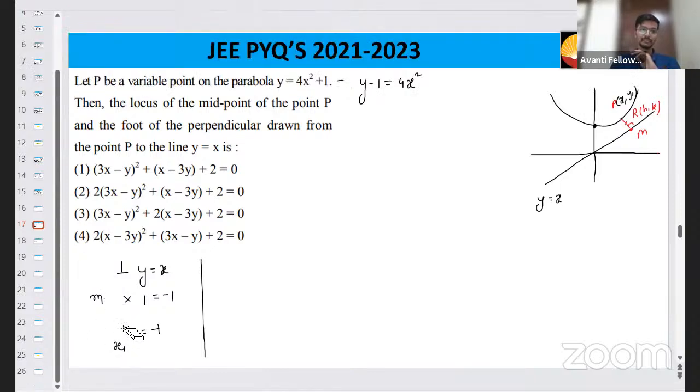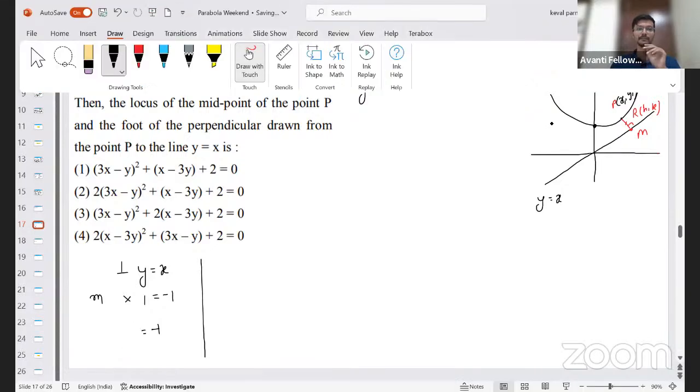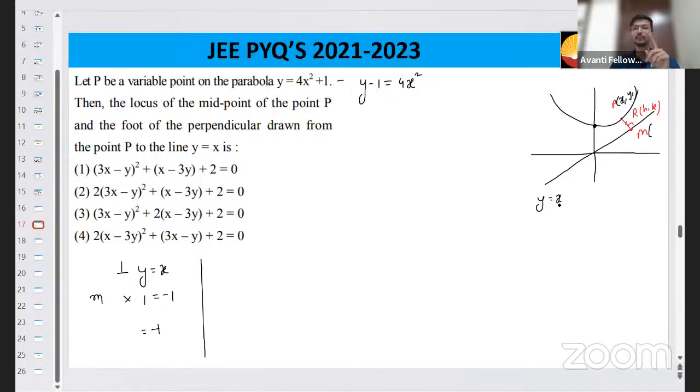Because then one of the conditions will be less. Point M lies on the line x equals y, so let the point be (c, c). Now it will be better, because instead of x1 and y1, where we had two unknowns, with (c, c) we have one unknown. Why is point M (c, c)? Because it lies on the line y equals x.